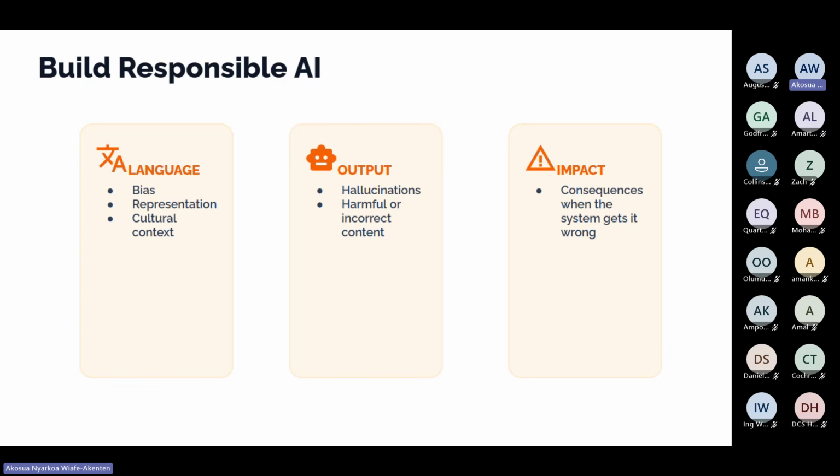Because let's say your solution is supposed to make recommendations for anything at all, could be something health-wise, right? And then it fails to make the right or approved recommendations, then it could have very serious consequences for your user. Okay, and that will lead us to thinking about the impact. So we need to ask ourselves, what happens when the system gets an output wrong?